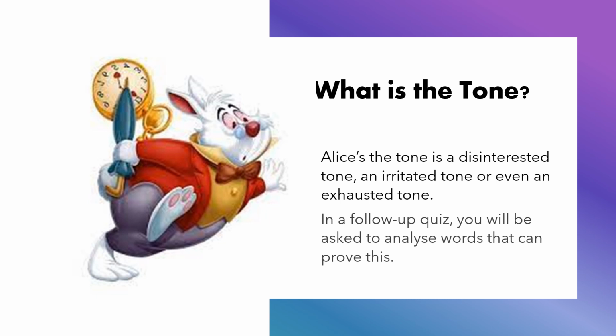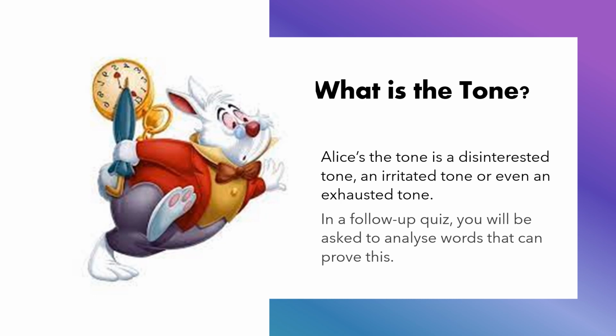She's frustrated because she's got nothing to do. She's bored at her sister's book. The fact that there's no pictures in the book, that also shows irritation. Okay, so we can look at these kinds of elements, and the tone will then inform on attitude.